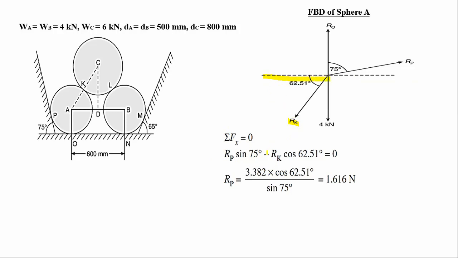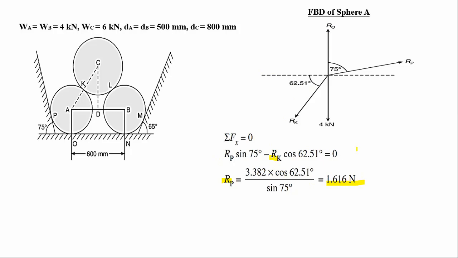It is going to move towards the left, therefore it is minus. Resolving along the angle, it is cos, so RK cos of 62.51 degrees. That has to be equated to 0. The other two forces will not contribute in the x direction. Already we have calculated the value of RK, so if you substitute, you will get the value of RP, that is 1.616 kilonewtons.